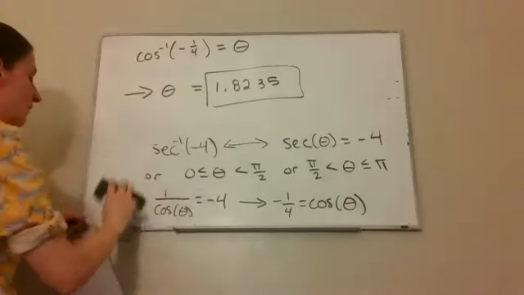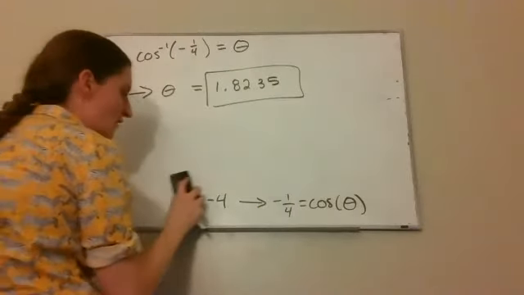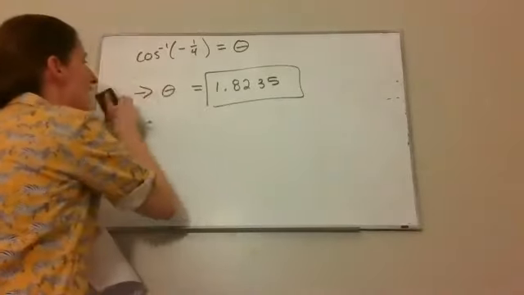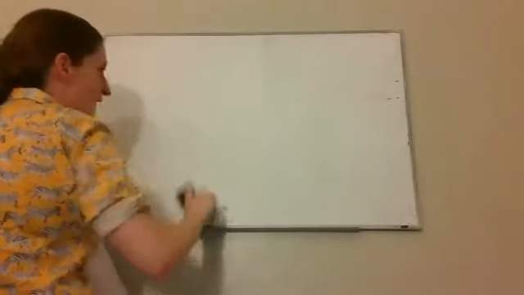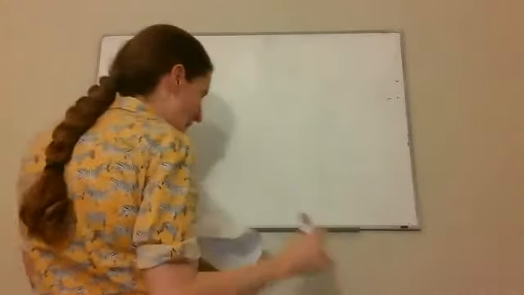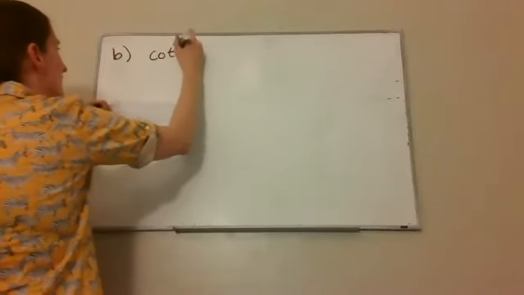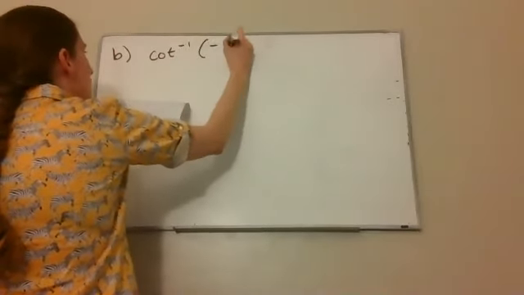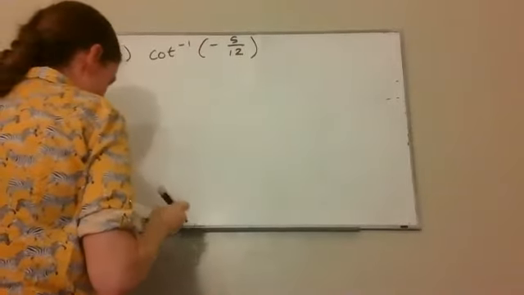Let's do another one. So when you're working with the cosecants, cotangents, and things like that, you really have to rewrite them in terms of sine, cosine, or tangent, because those are the ones we have buttons for on the calculator. Cotangent inverse of -5/12.